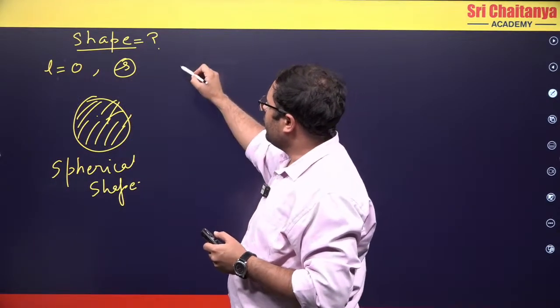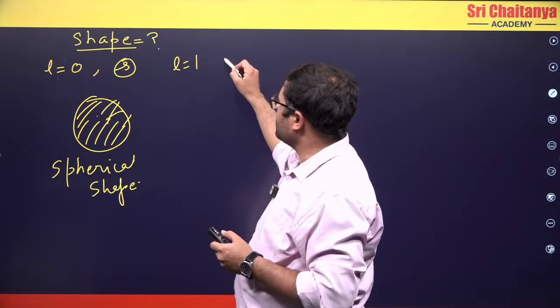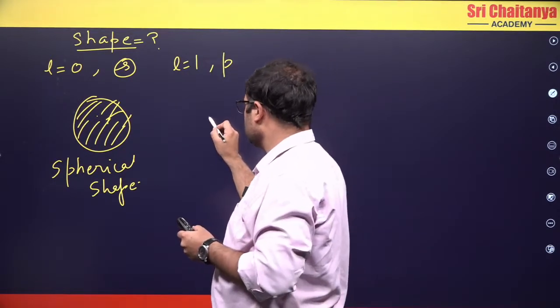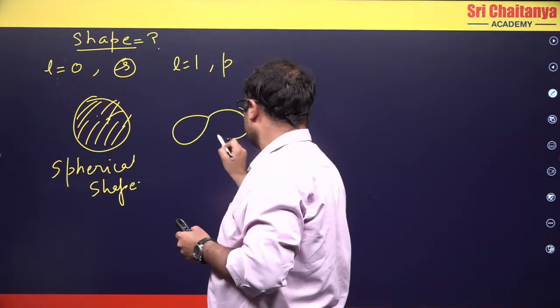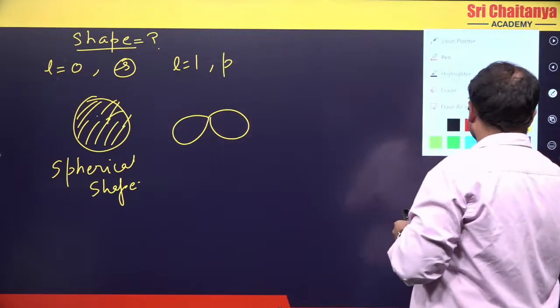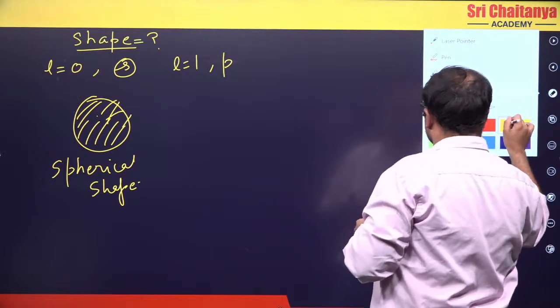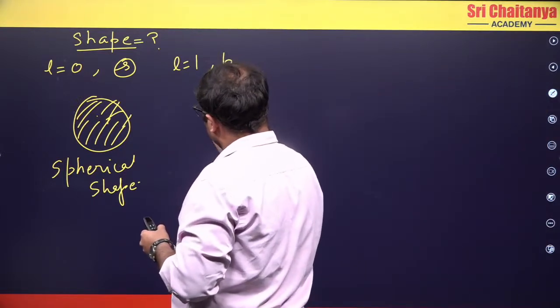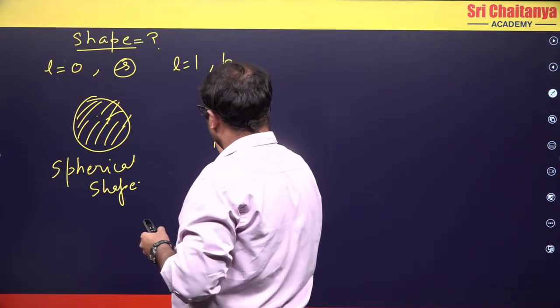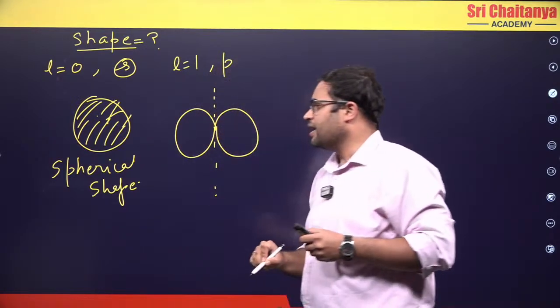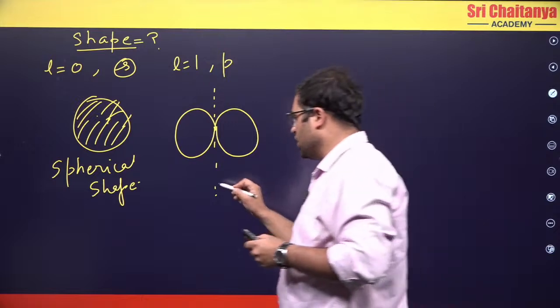But when L value equals 1 and the subshell is p, then it has a dumbbell shape.